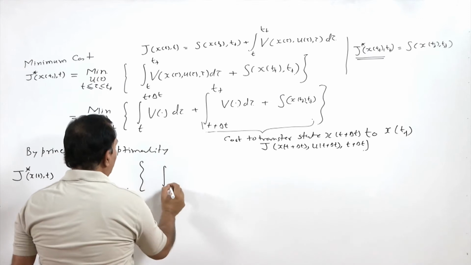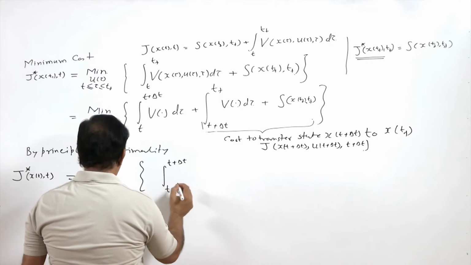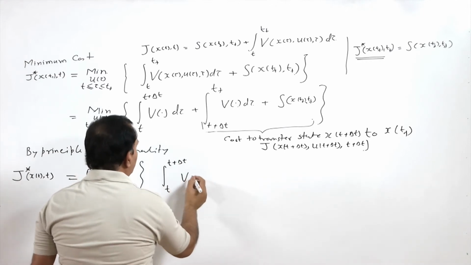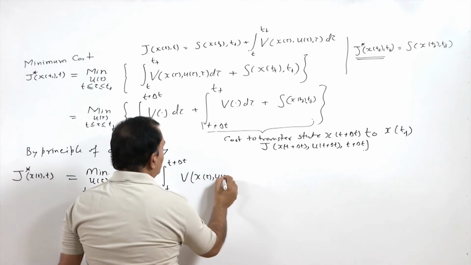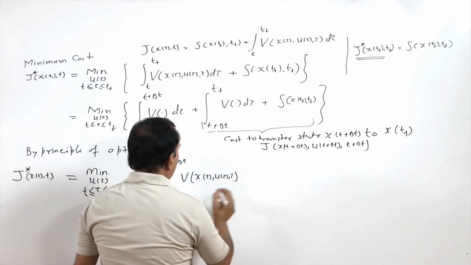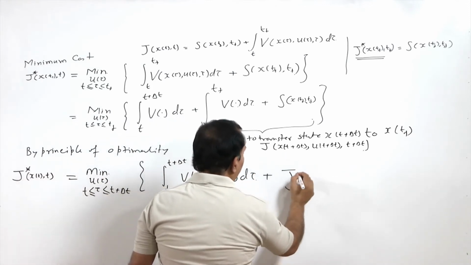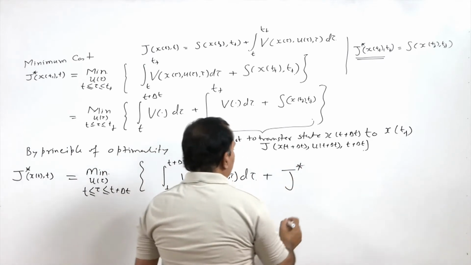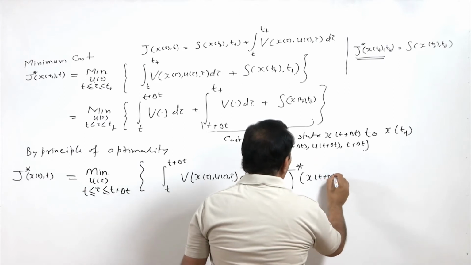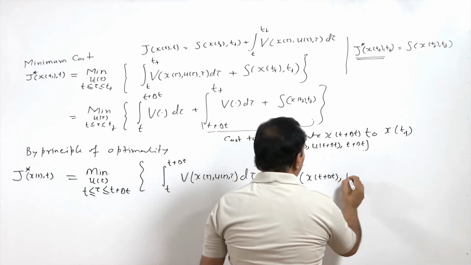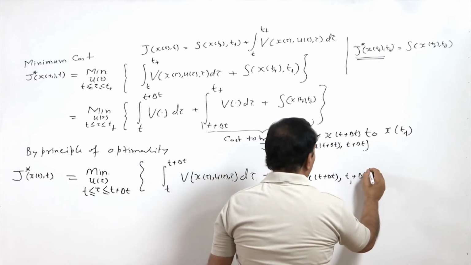So, I can write this as the integral from t to t plus delta t of V of x tau, u tau, tau d tau plus J star of x of t plus delta t, t plus delta t.